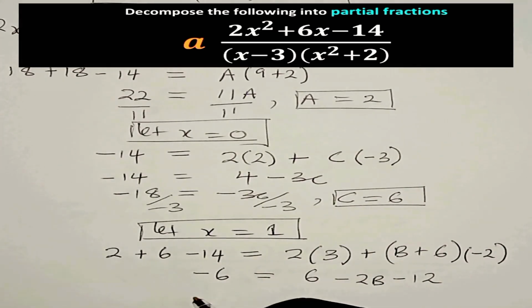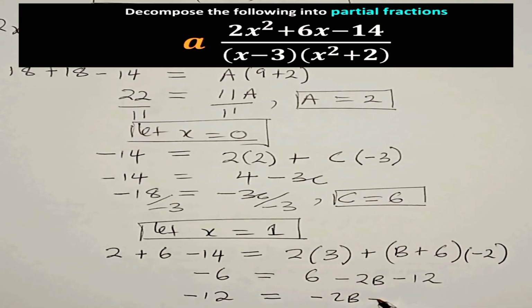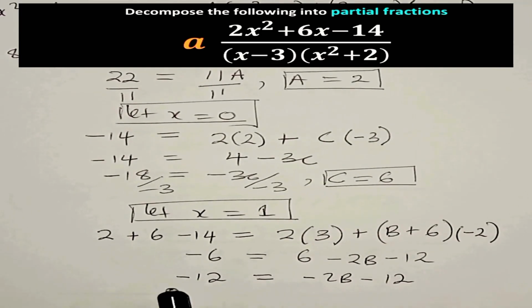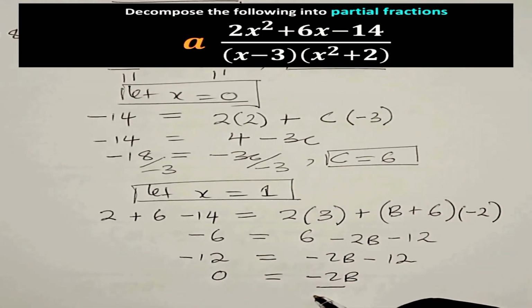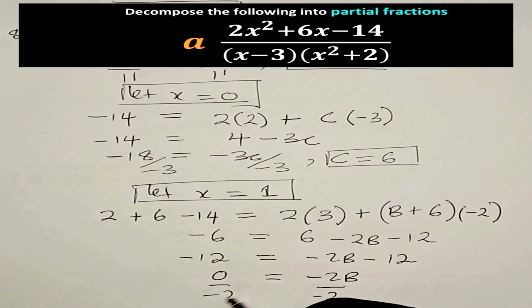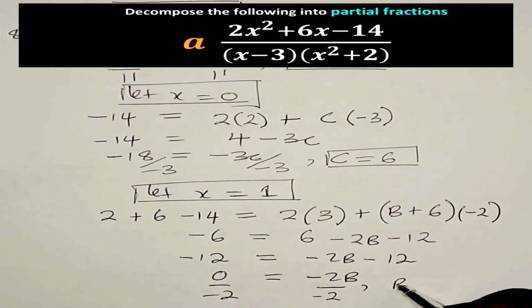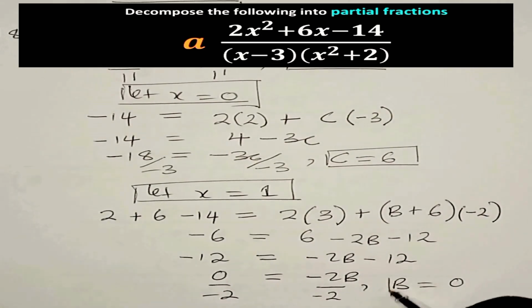So we have minus 6 minus 12 to give us minus 2B minus 12. You take this minus 12 to the other side, it becomes positive. So we will be having 12 minus 12, and that's a 0, which is equal to minus 2B. You divide by minus 2 on both sides. Then B is equal to 0.